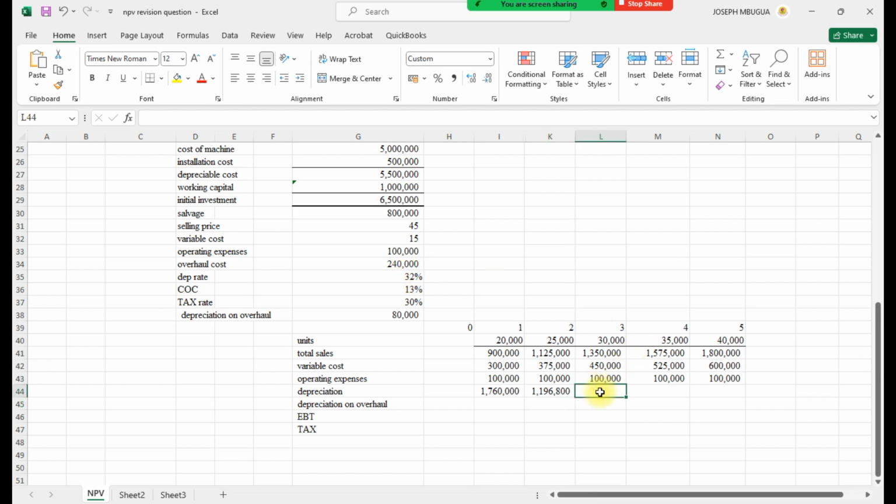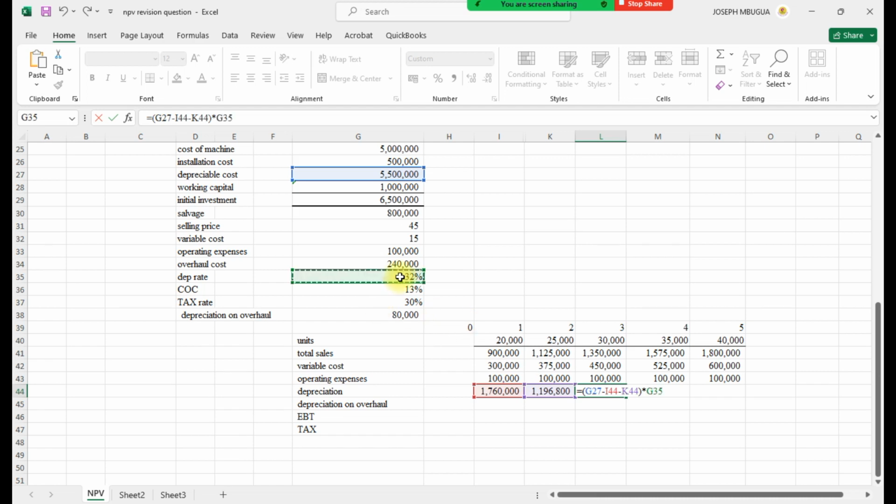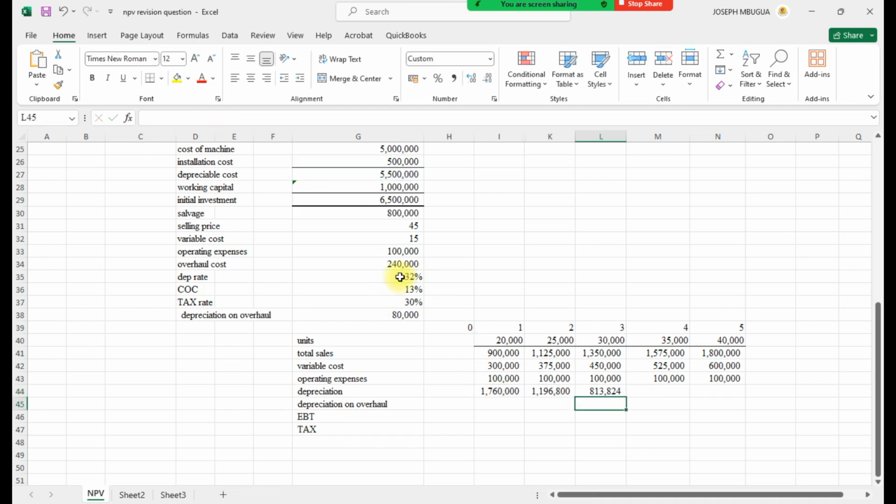Then when you come to year 3, it has depreciated for 2 years already. So you take the depreciable cost, and we find the net book value for the 2 years. You're minusing depreciation year 1 and depreciation year 2, and you multiply by our rate of depreciation to get year 3.